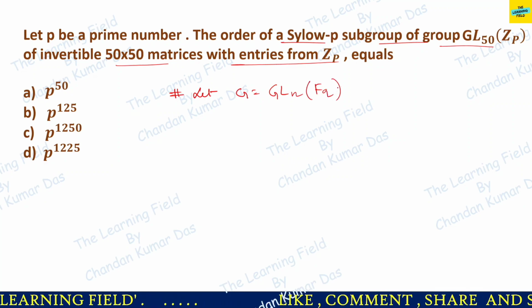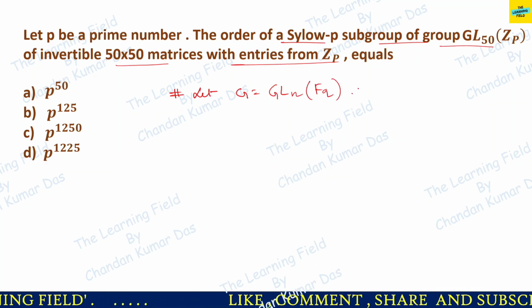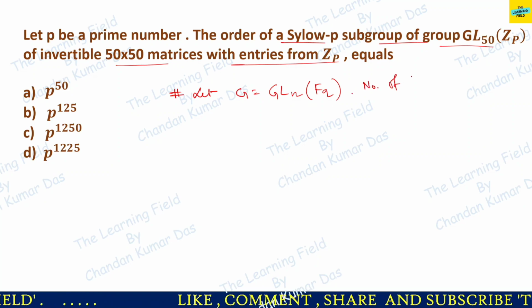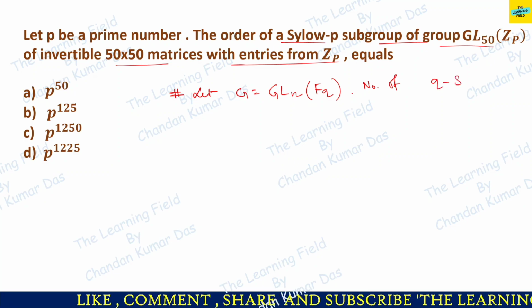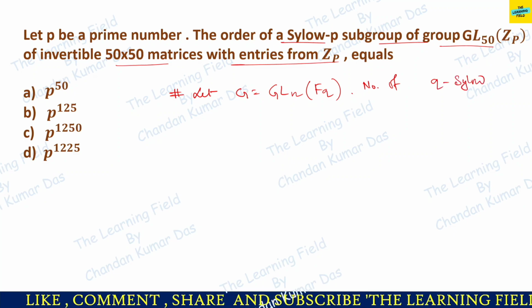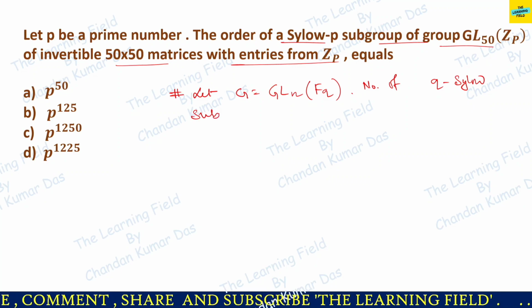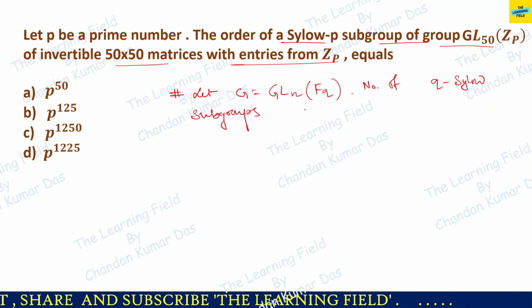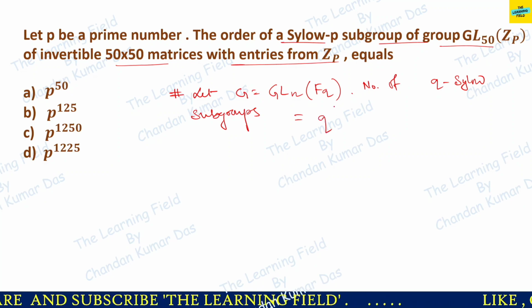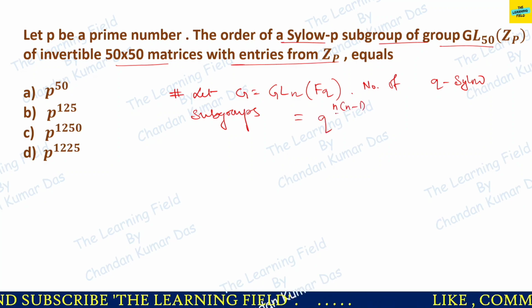Then the number of q Sylow subgroups is equal to q to the power n into n minus 1 by 2.